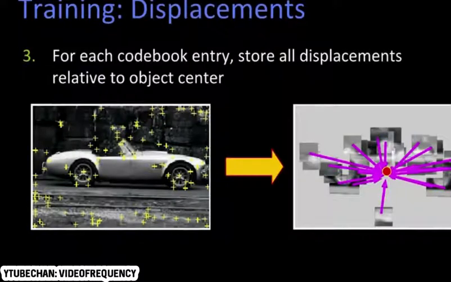Finally, we take each of these little features and treat them just like we treated those little gradient images. We take the patch, find the displacement vector to the center, and write down that displacement vector in a table that's indexed by a patch label.